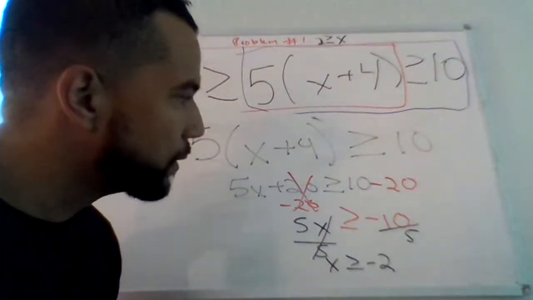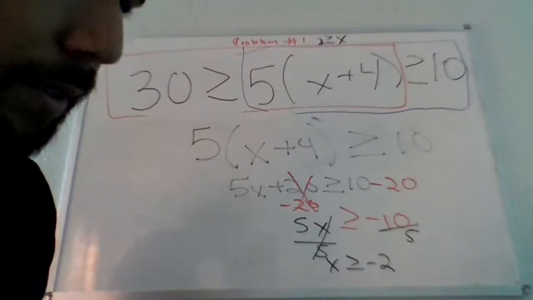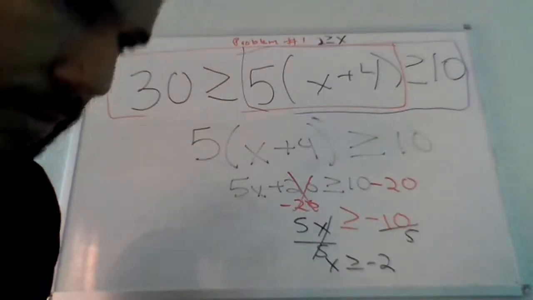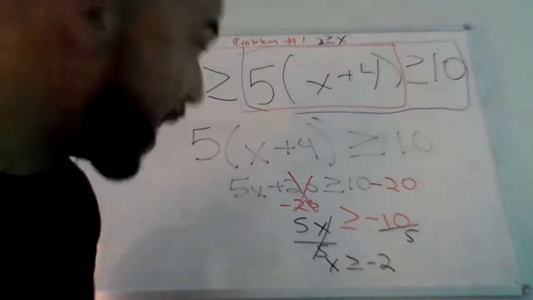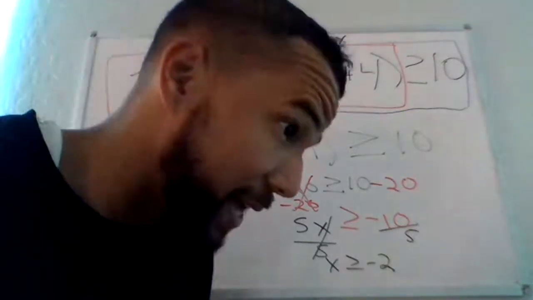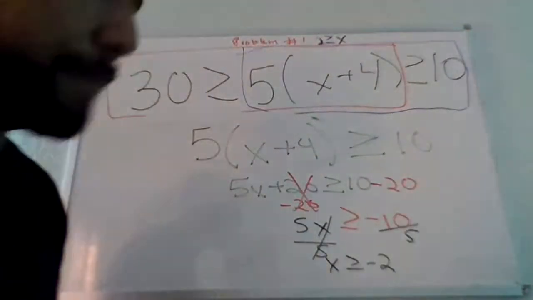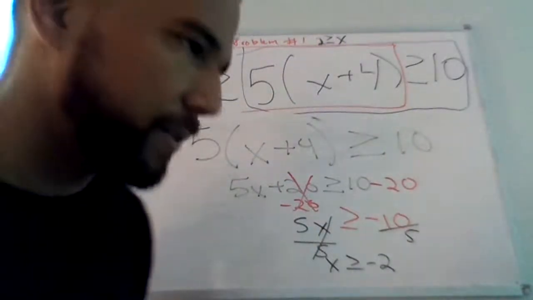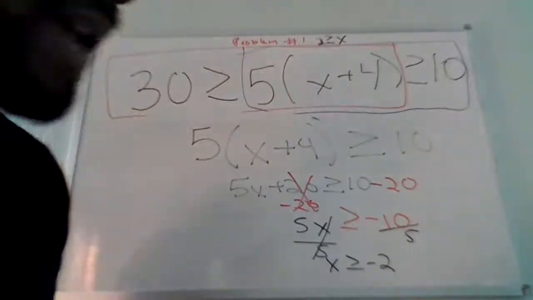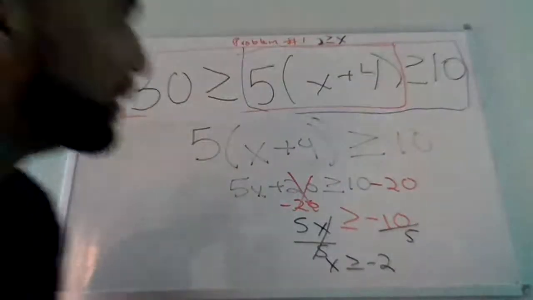We divide by 5, which is a positive number, so the greater sign, we don't need to flip. Correct. Now, let's say we were dividing by a negative number or multiplying by a negative number, then the sign needs to flip. If we just get a negative number because it's already there, or because of some other math operation, we're fine.